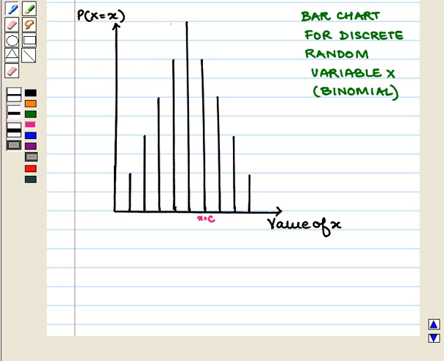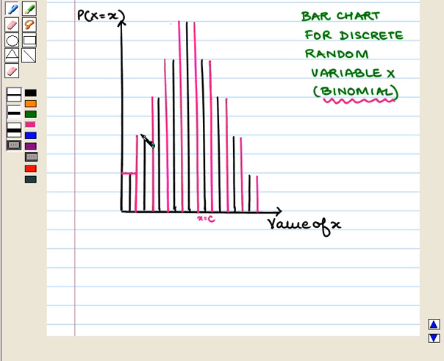Let us see the following figure. Here we have the probability distribution graph of random variable x. This is for binomial distribution. To convert it into a continuous distribution, we move each bar 0.5 units on either side so that they touch each other.